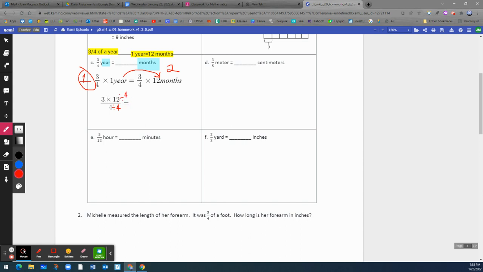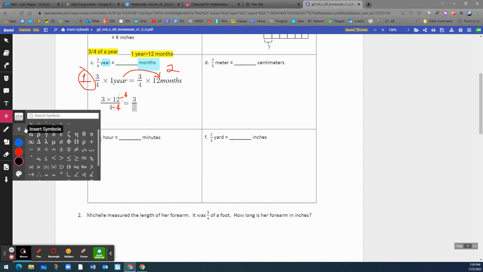So I'm going to rewrite this expression with those numbers reduced to their lowest terms. The 3 stays intact because it's not being divided by anything. We're going to use it at the end.